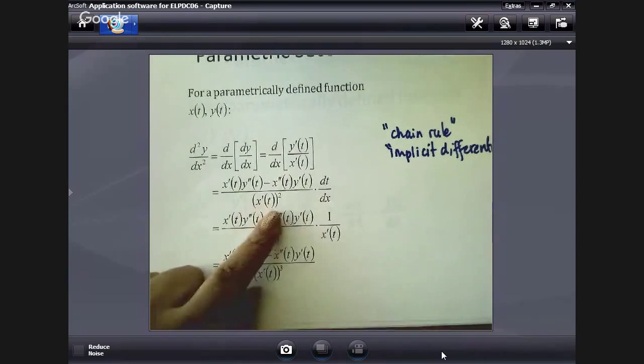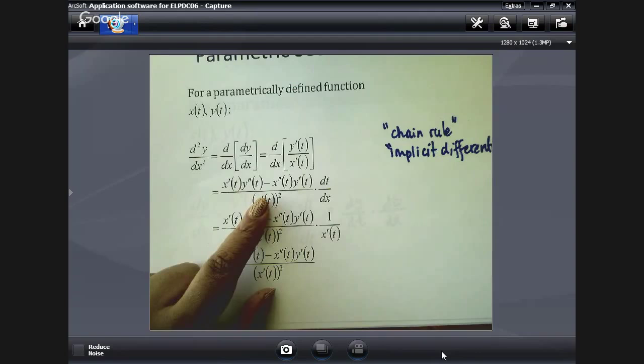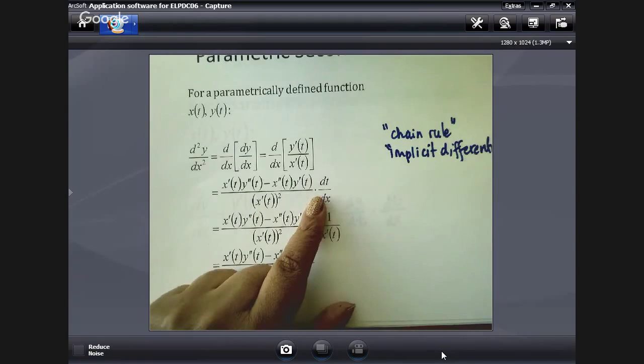You'll notice that right here, I'm actually doing the quotient rule, but because all of this is in terms of t and not x, I need to multiply by dt/dx to compensate for the fact that I'm taking a derivative of a function only in t, and I want a derivative with respect to x.